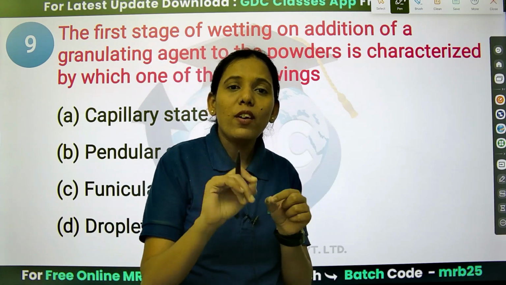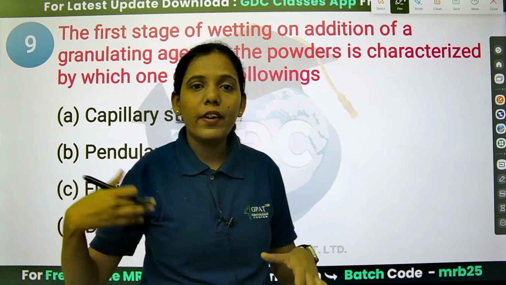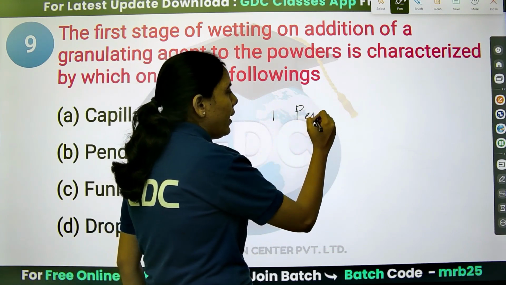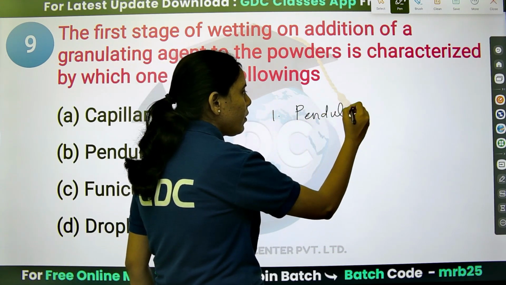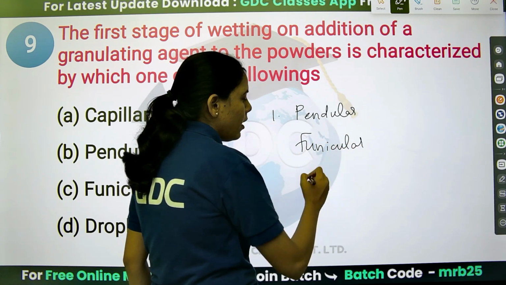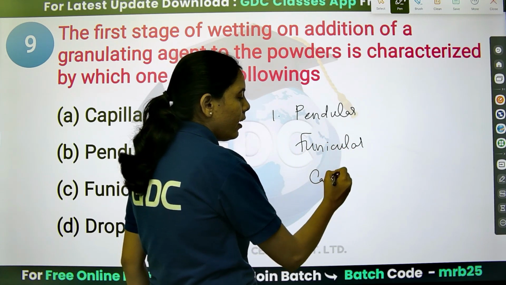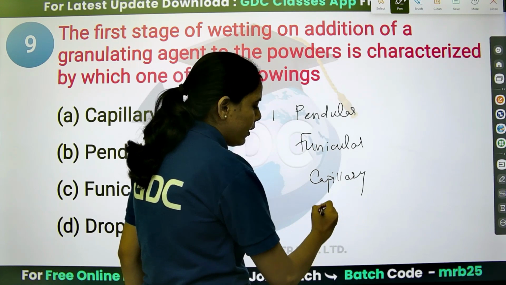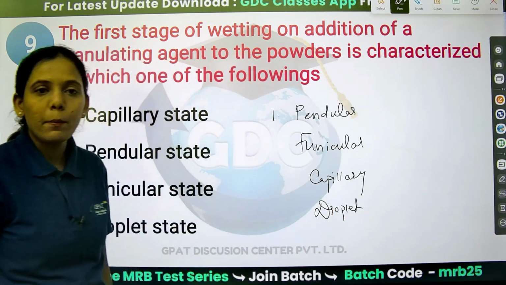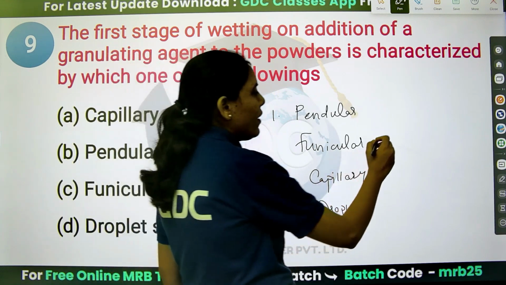There are four stages: pendular, then funicular, then capillary, and then droplet. In the class we discussed to simply remember the trick as PFCD.